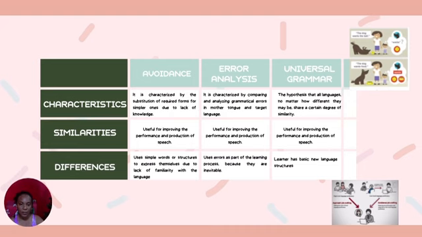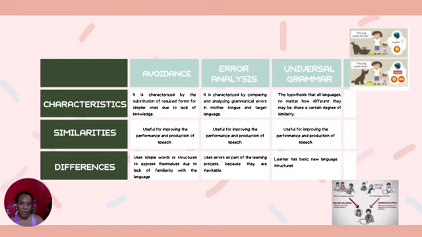Compare avoidance with error analysis and universal grammar. Characteristic of avoidance: it is characterized by the substitution of required forms for simpler ones due to lack of knowledge. Error analysis: it is characterized by comparing and analyzing grammatical errors in the mother tongue and target language. And universal grammar: the hypothesis that all languages, no matter how different they may be, share a certain degree of similarity.